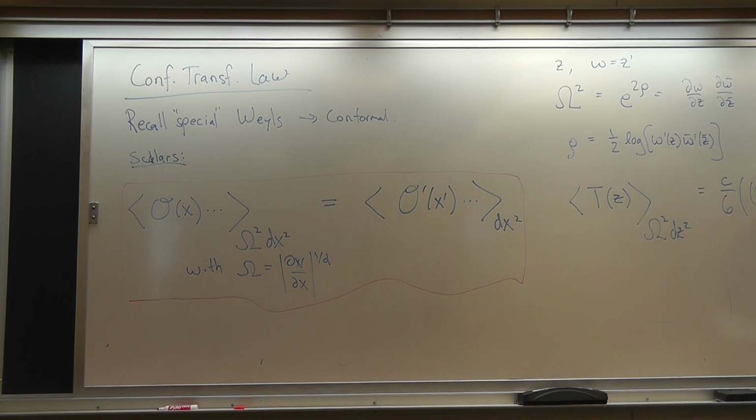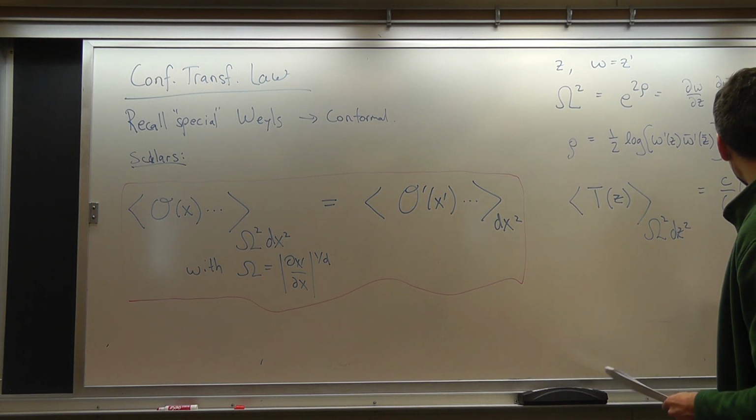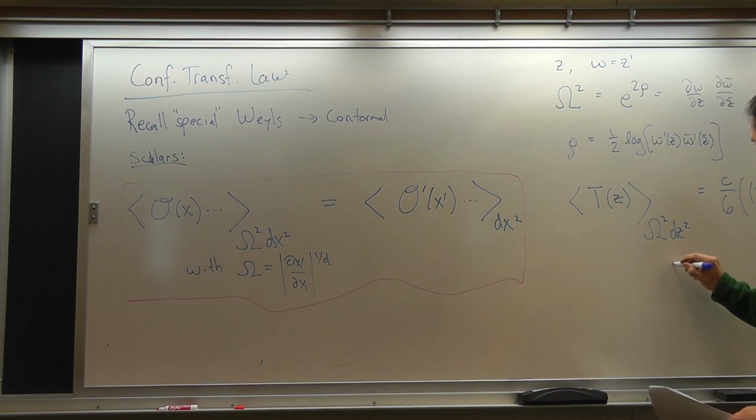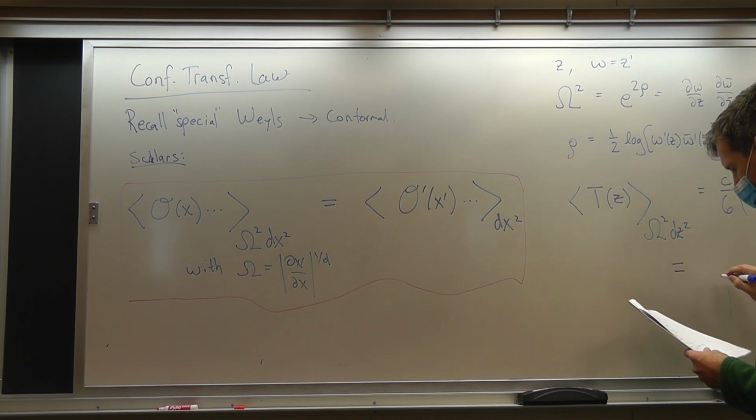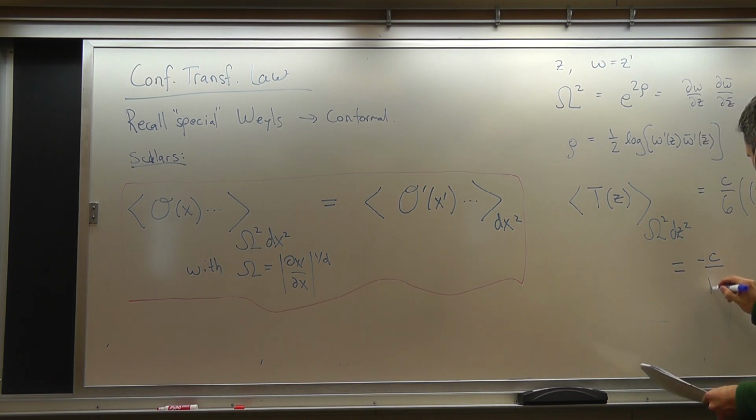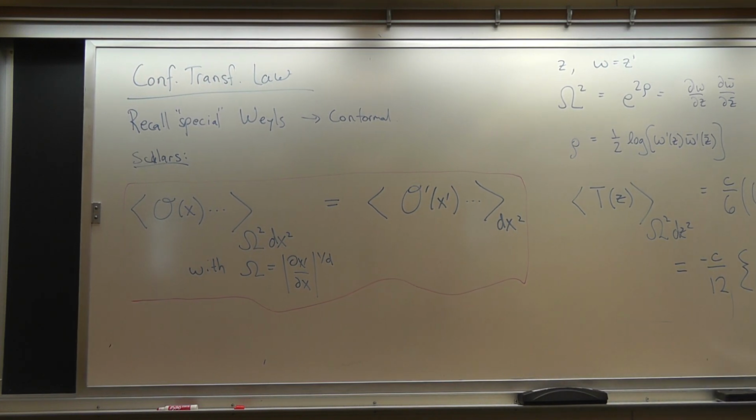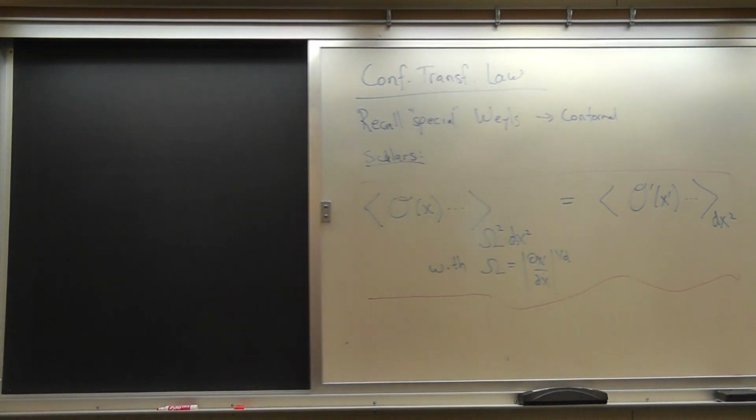Now you could just plug in this particular rho for a general conformal transformation, the rho corresponding to a conformal transformation, and find T of z. What you find is that this gives you what's called the Schwarzian derivative, minus c over 12 times the Schwarzian derivative w comma z, which I'm about to define.